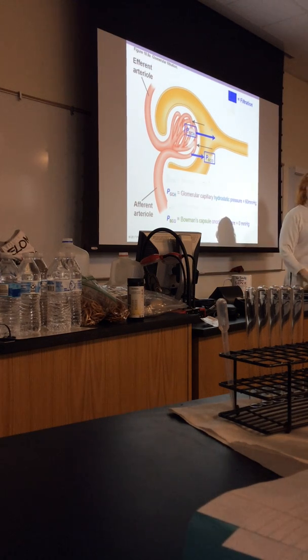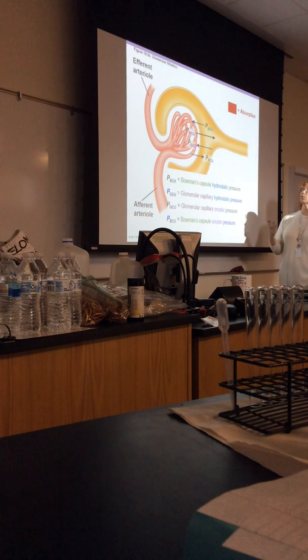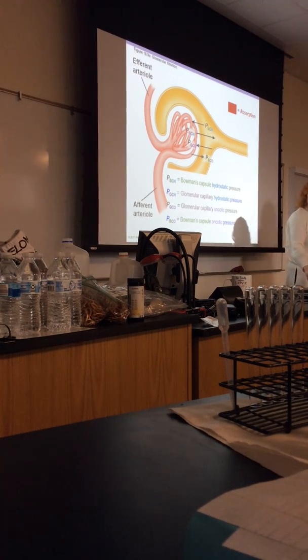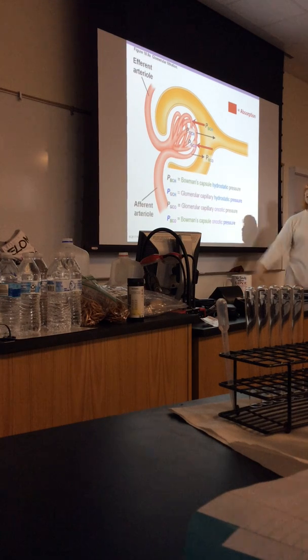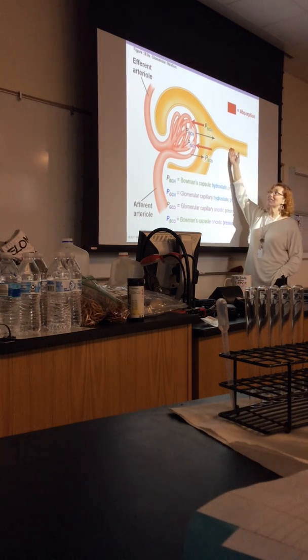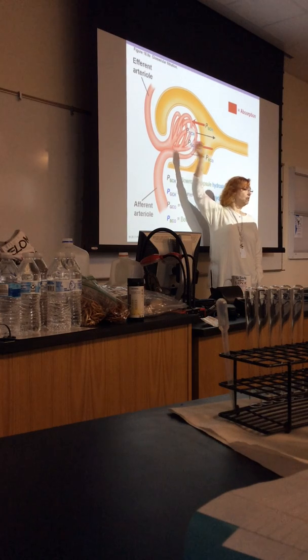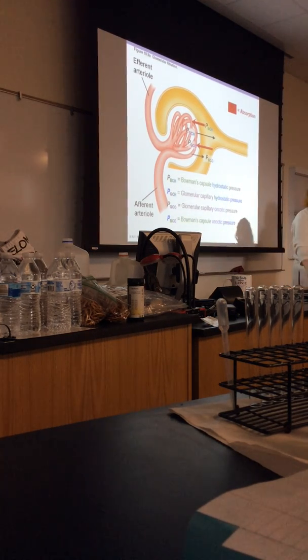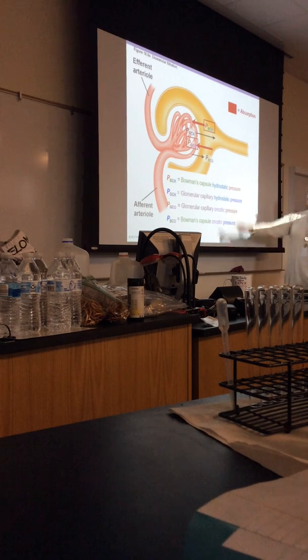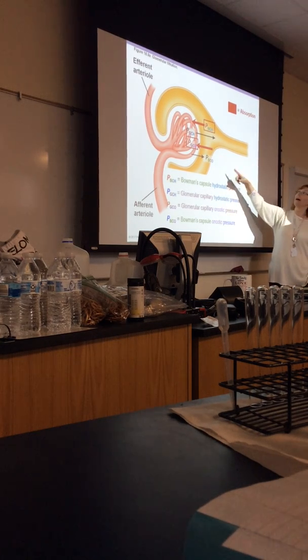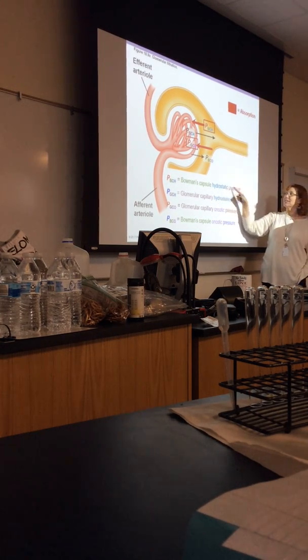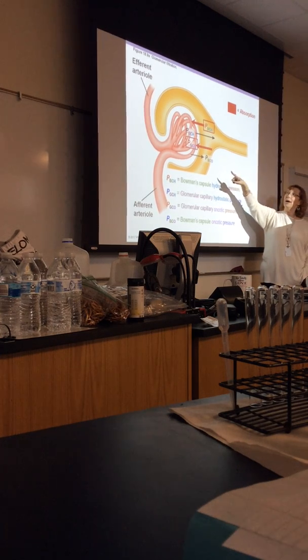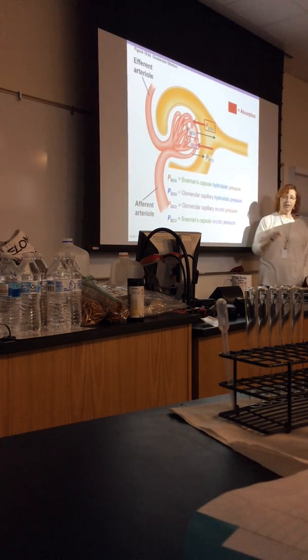Now let's look at forces that favor absorption. So the forces that favor absorption are the ones that are going to favor fluid moving from Bowman's capsule into the glomerular capillaries. Which are those? Well, those are my Bowman's capsule hydrostatic and my glomerular capillary oncotic.